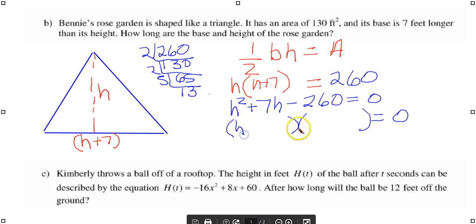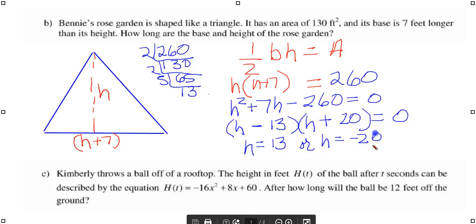So it's going to be h, 20, times 13. So we need a positive for the 20 and a negative for the 13. So h will equal 13, or h equals negative 20. Well, again, you don't have a length that's negative, so we reject this.